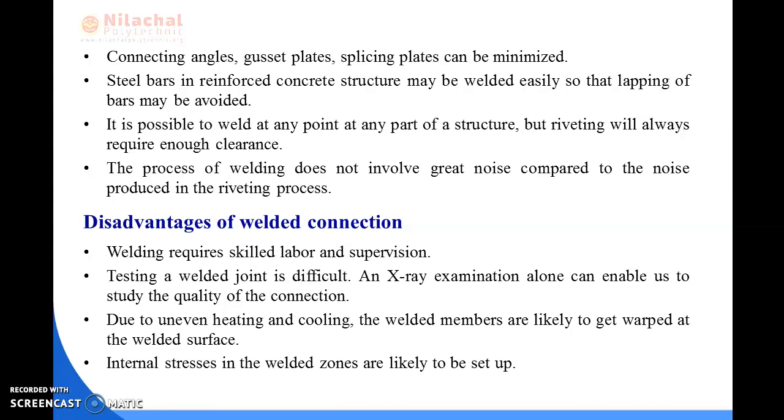Because it is joined by liquid metal, due to the heating and cooling at the joint part only, it will contract and expand, and due to the weather effect as well, this contraction and expansion affects the joint. So that is a big disadvantage of the welded connection. The last one is that internal stresses are likely to be set up in the welded zone.